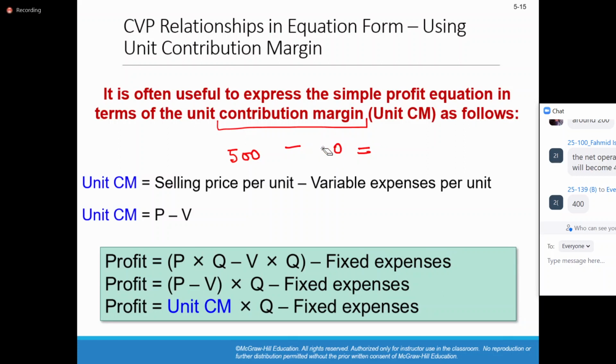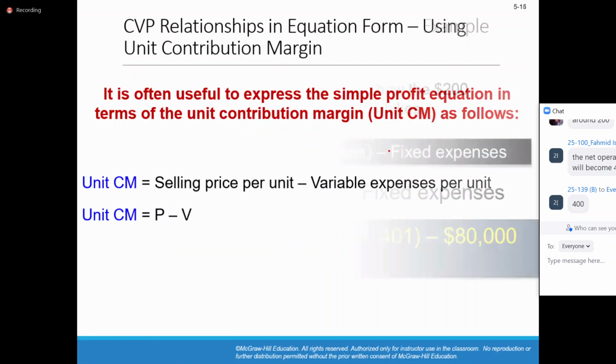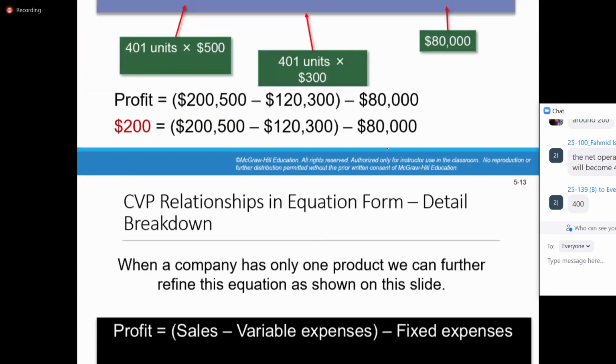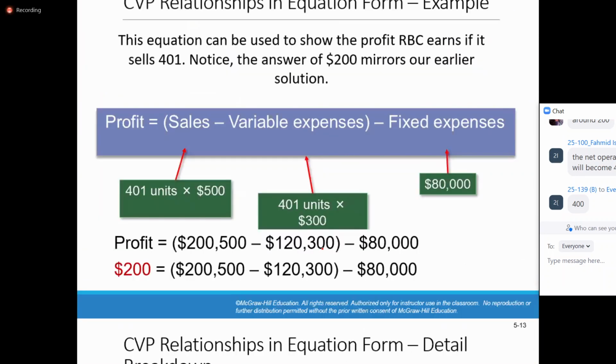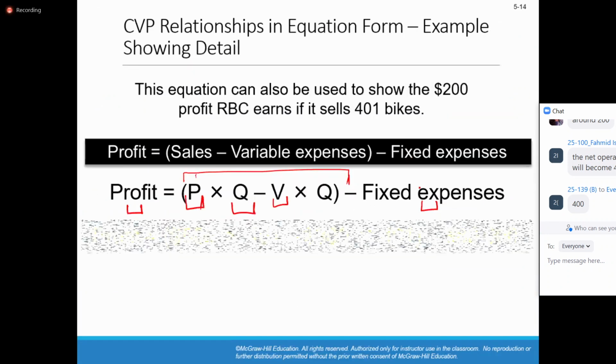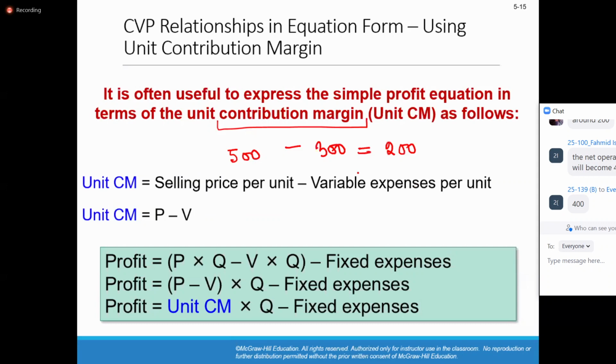Okay, variable expense is not 250, variable expense is 300. In our case, if I'm not wrong, I need to check it. Yeah, 300 variable expense. So we see that 200 contribution margin per unit basis. So we are expressing this contribution margin on a per unit basis.